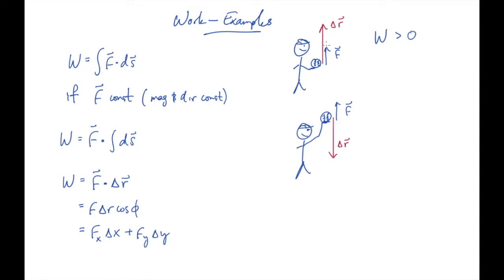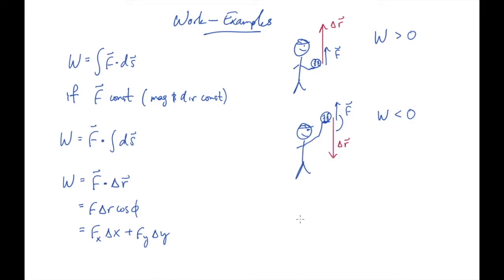Here they were parallel, so phi was 0. Here we have the force up and the displacement down. The angle between them, that angle right there, is 180 degrees. And cosine of 180 degrees is -1. So here we have negative work. And that means that this force is tending to slow the ball down. The ball wants to fall, we're supporting it, we're slowing it down.